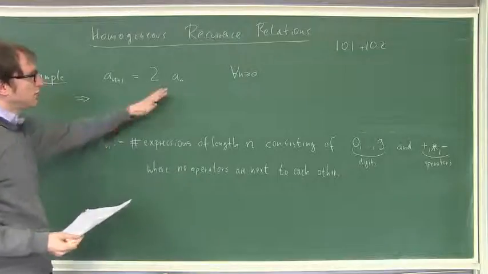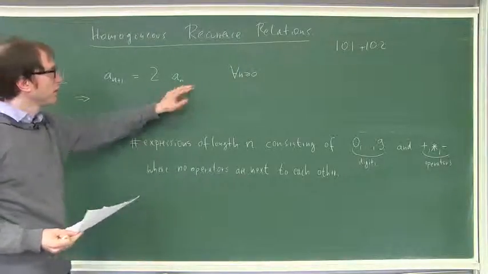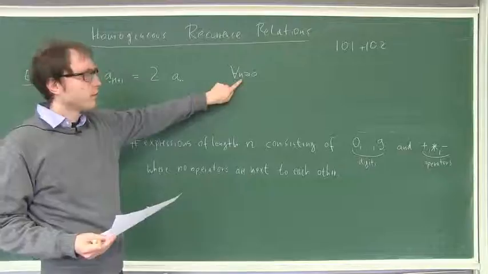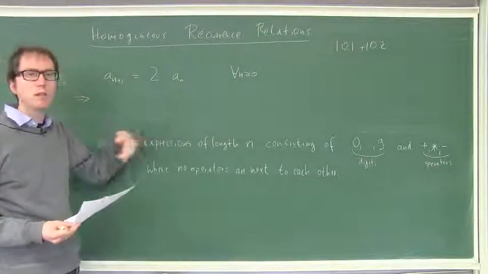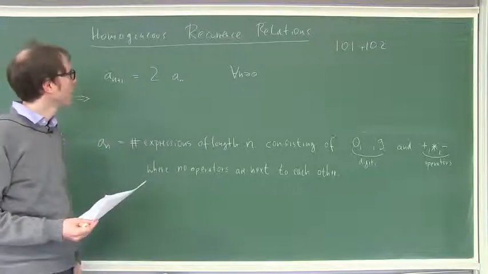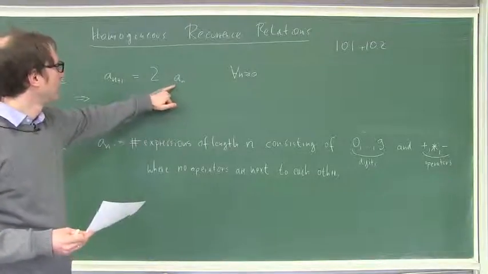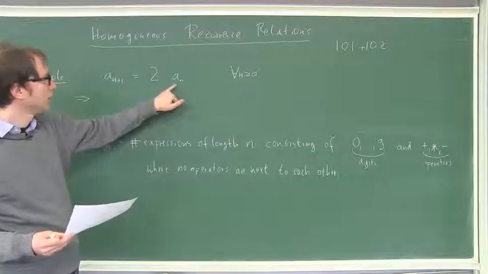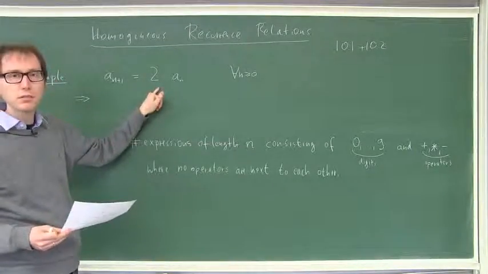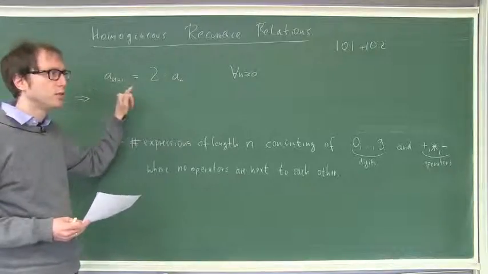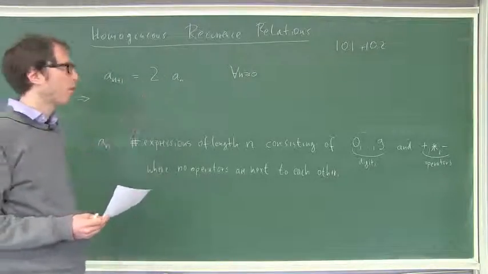If you think about it, in this case we're counting from 0, so the indices start at 0: a0, a1, a2, a3. If you know what a0 is, then this tells us that a1 is equal to 2 times a0, a2 is equal to 2 times a1, and so forth.